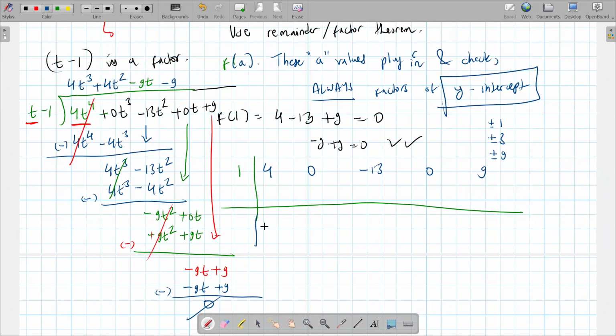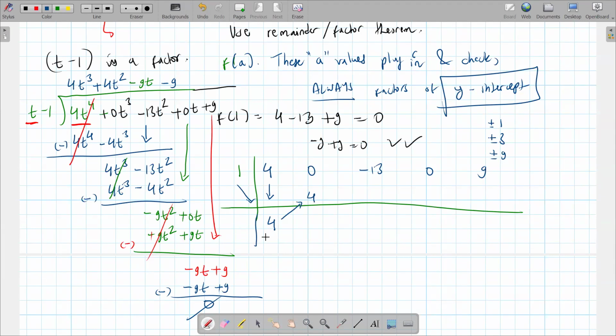It's a little bit easier when you do synthetic, because when you do synthetic, this number always drops. Step number 1, the first coefficient, the biggest coefficient of your highest degree term, drops as it is. Now you have to multiply it diagonally. 1 times 4 is a 4. Do we add or subtract in synthetic division? In long division, we subtract.